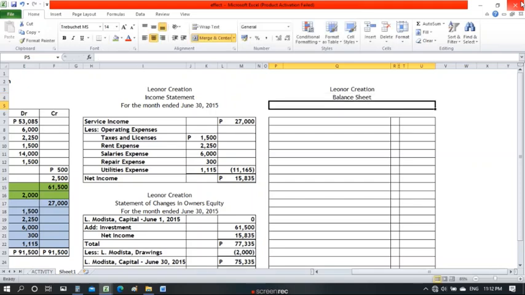And then, in writing the date, this is different from the income statement and statement of changes in owner's equity. Since this captures a specific point in time, not a period in time, start with "as of" yung date ng balance sheet. So as of June 30, 2015.